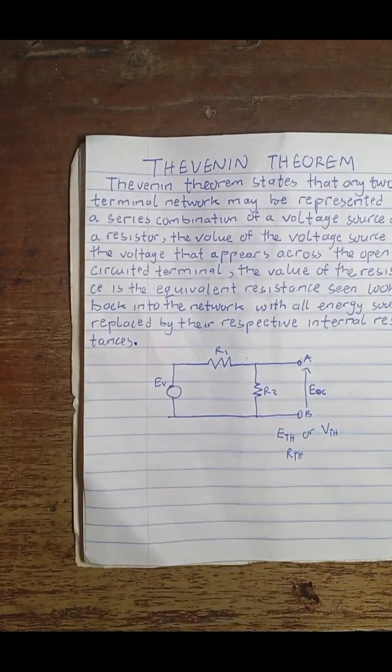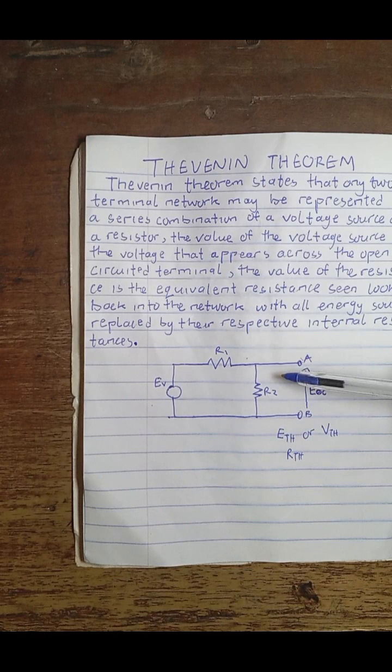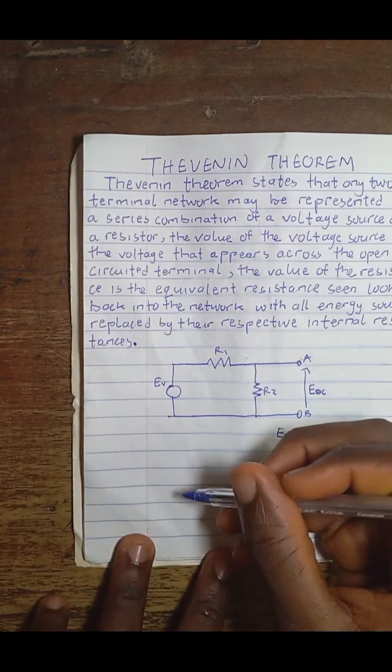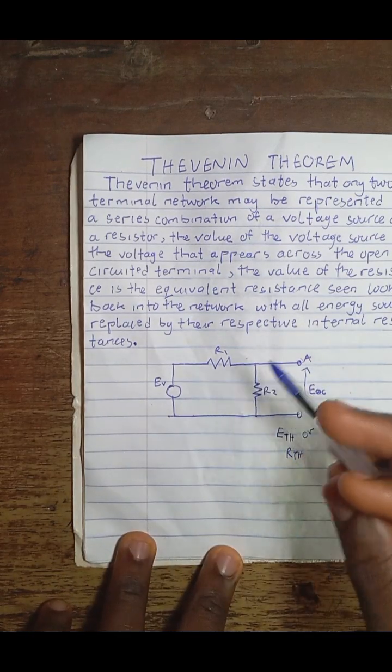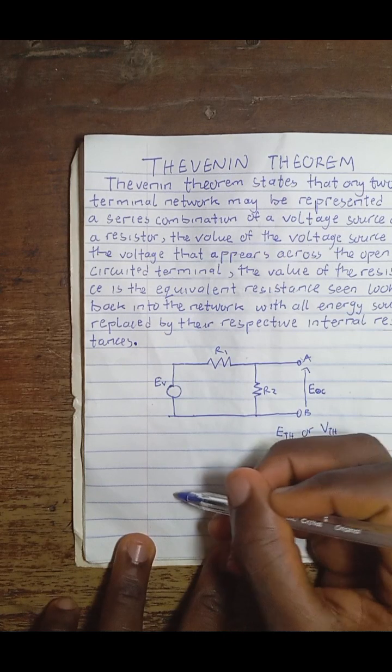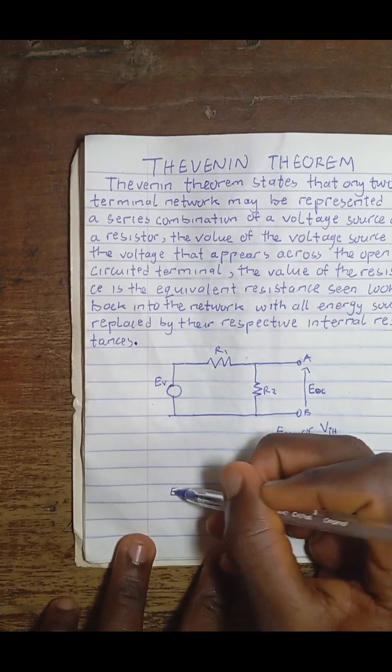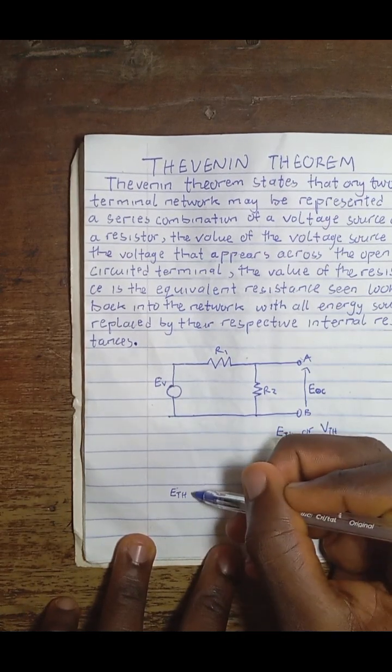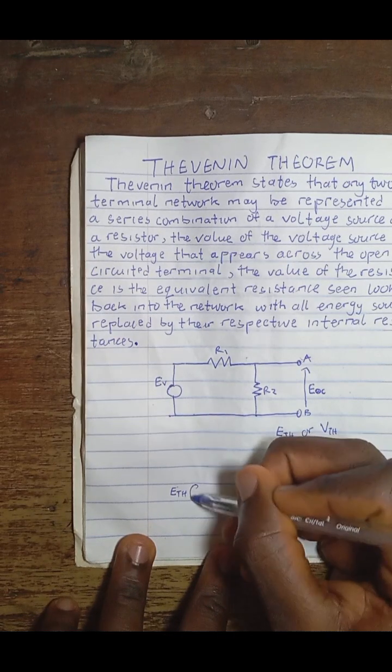So Thevenin theorem is now saying that this network can be represented to give us just a voltage and a resistor in series. So we'll have something like this, ETH, something like this.